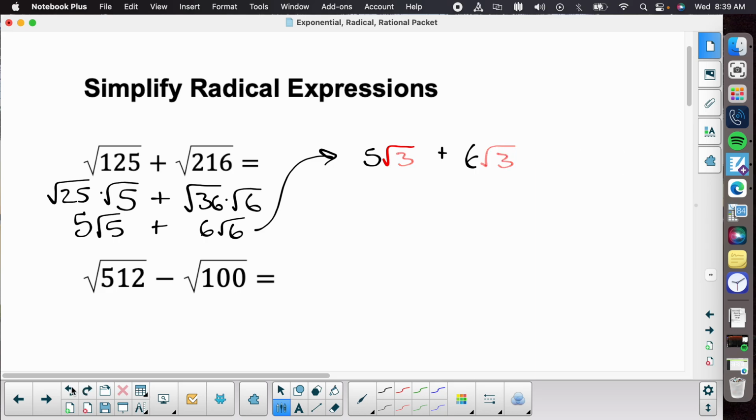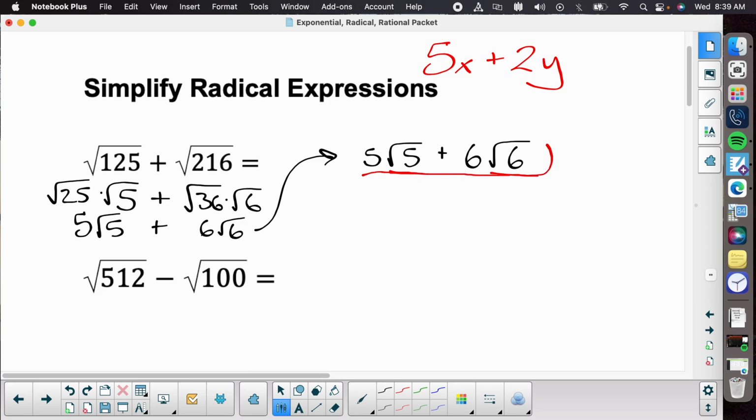So when you're adding and subtracting things, they have to have the exact same thing with them. Since these both have a different square root, this is just gonna be our final answer. If they have the same square root, then you can combine them together. So adding and subtracting work that way, just like adding and subtracting before.